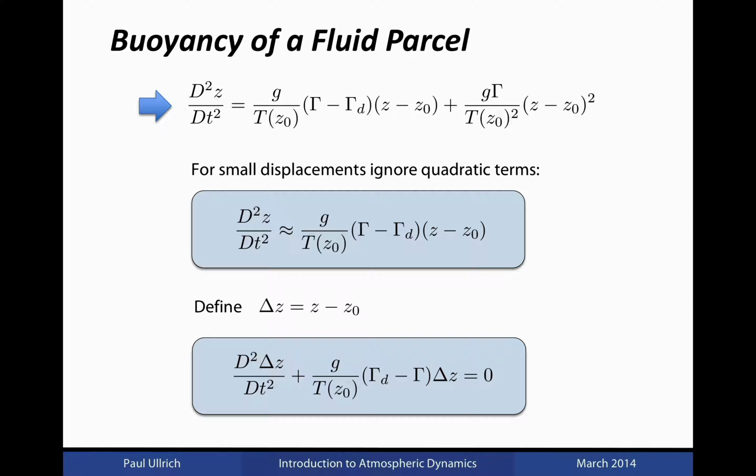Substituting in the binomial expansion and considering small displacements, that is, values of z which are close to z0, allows us to ignore the quadratic terms in this expansion and simply obtain an ordinary differential equation describing the altitude of the fluid parcel. If we then define a displacement from the initial position, delta z, as z minus z0, this allows us to rewrite the differential equation here in the middle box as below. This is then an ordinary differential equation in delta z.